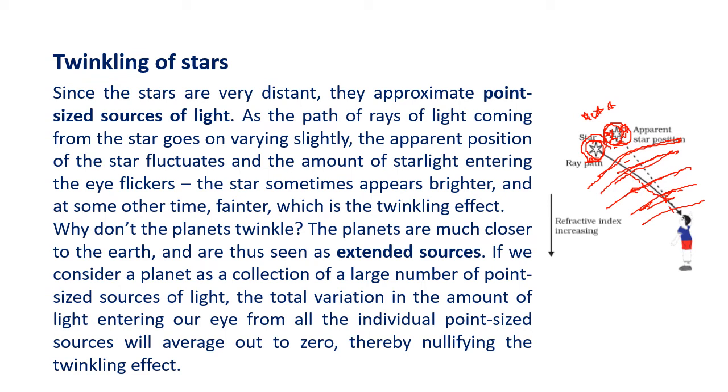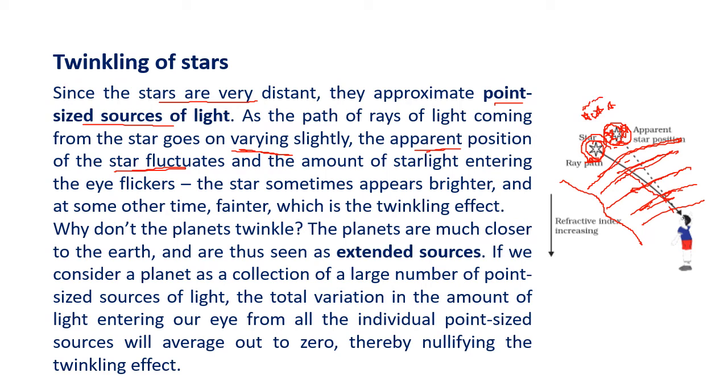Now because the stars are very distant, very far away, they are almost point-sized sources of light. Remember this. And because the atmosphere is not uniform, the light coming goes on varying slightly. So the apparent position of the star fluctuates. So it looks like the star is constantly changing its position.